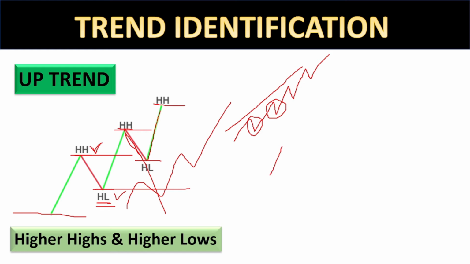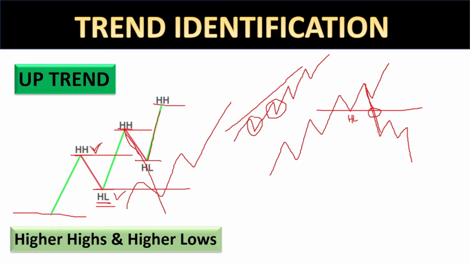Sometimes imagine the market is moving like this and there is going to be a trend reversal. At this price point, this is the higher low for us, right? Since it's an uptrend, it is supposed to take support at this price and go up, but instead it has fallen from this level and broken the previous higher low at this point.